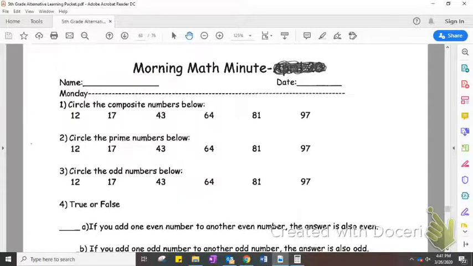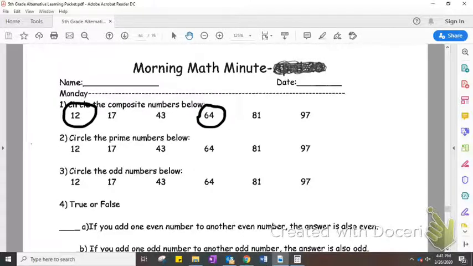So I know that 12 is composite because it's divisible by 1 and 12, and it also has to be divisible by 2 because it's an even number. And it is. 12 divided by 2 is 6. 64 also has to be composite because it's divisible by 1 and 64, but it's also divisible by 2. 64 divided by 2 is 32. Okay, so those two numbers are definitely composite.